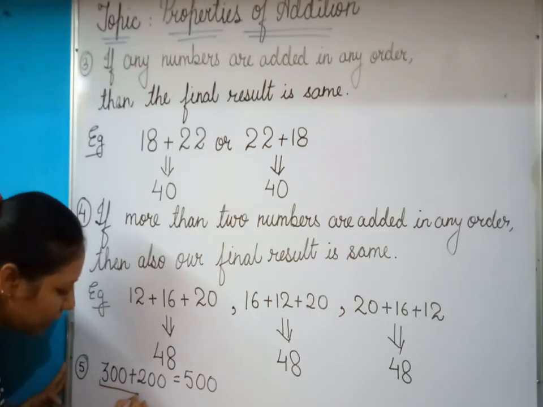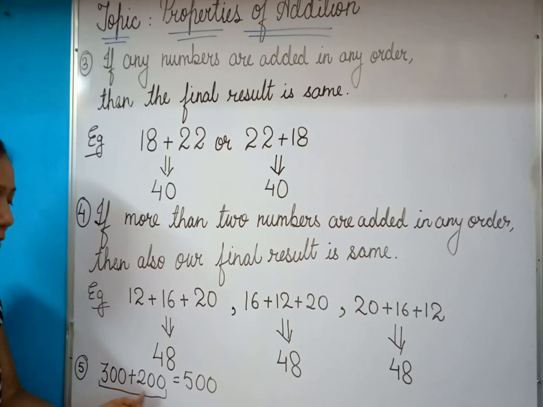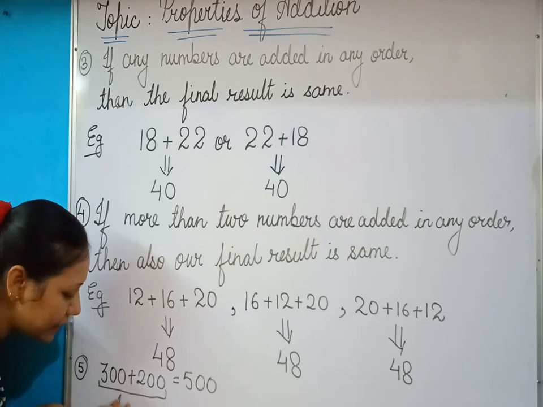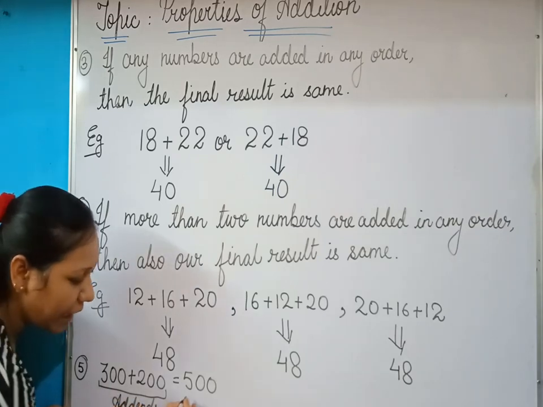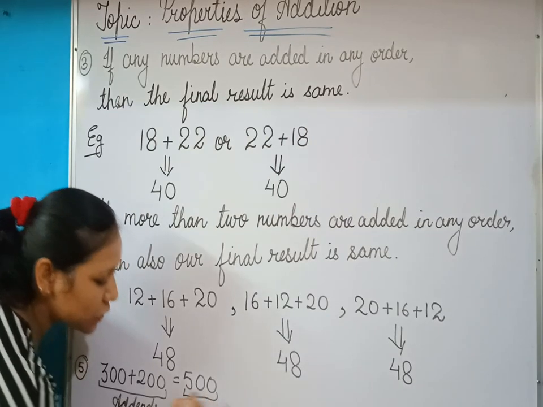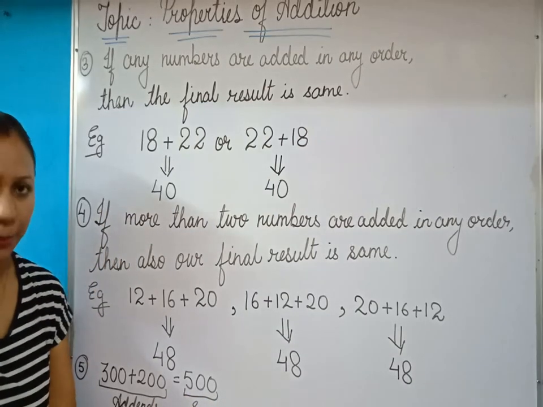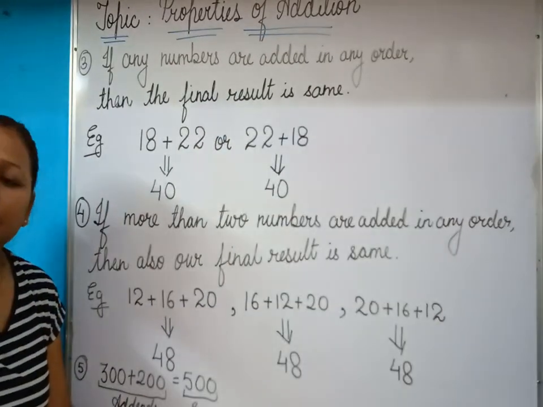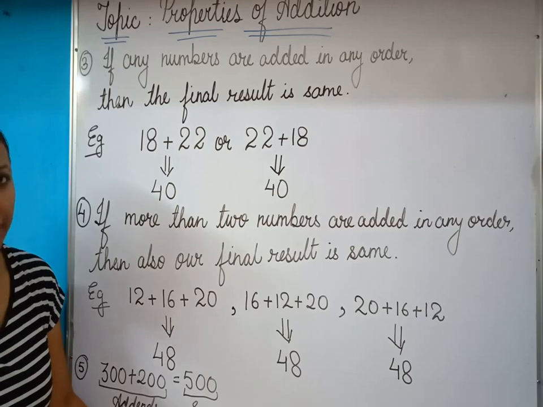Now, when I am adding these two numbers, 300 plus 200, we do not call them just numbers. We call them addends. And the final result which we get at the last is called sum of the numbers. So this is called addends and this is called sum of the numbers.